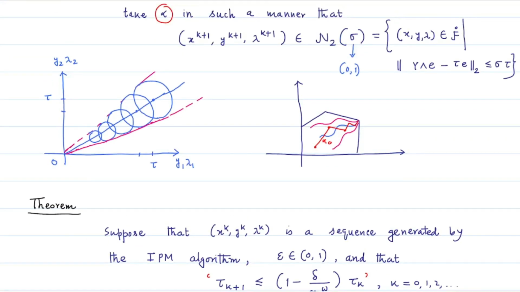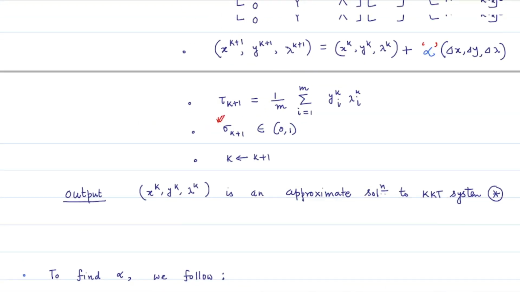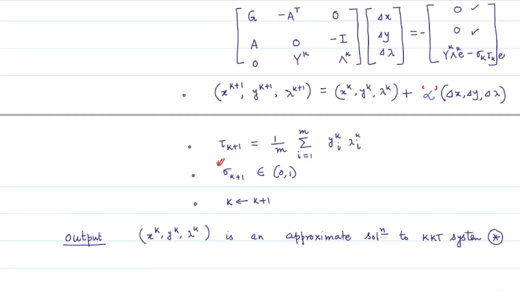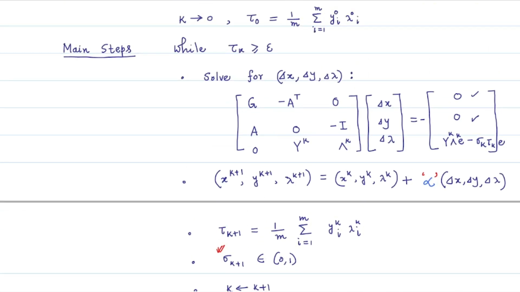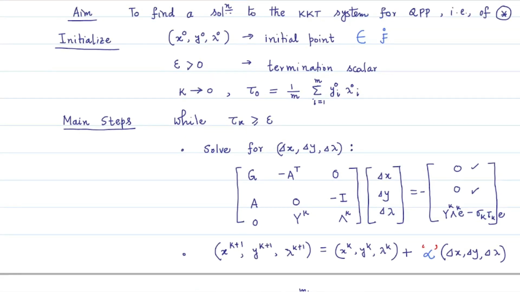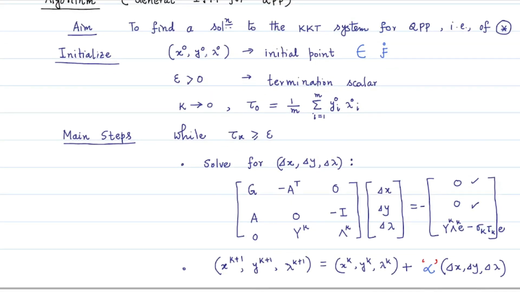Now here, as I have mentioned, due to the choice of this alpha and sigma k, there are different variations of this interior point method. And apart from this, there are also some more variations. You notice that here we have to choose a point x naught, y naught, lambda naught that is inside F naught, and this is not always an easy task.